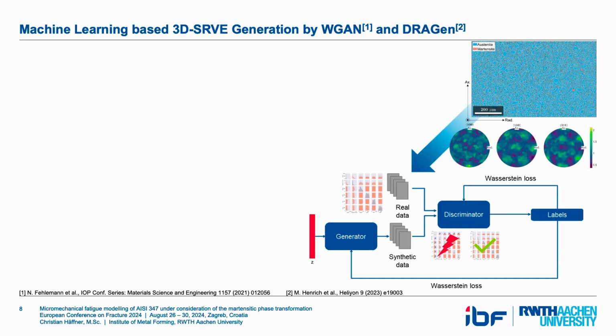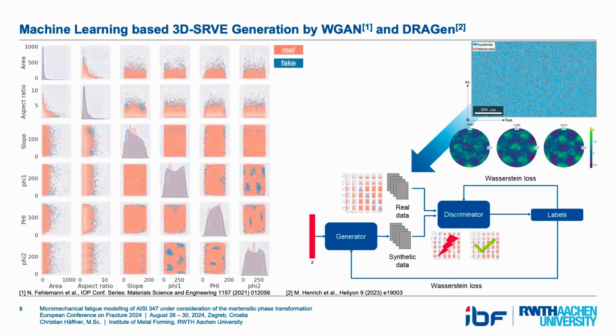Okay, there's fake money and this is real money. However, because the policeman is a little bit shady, let's say, he will give feedback to the criminal and tell him, okay, this is the reason why I know it's fake money. And out of this feedback, the generator or the criminal learns how to create this data, the synthetic data, in a way that the policeman or the discriminator cannot discriminate anymore, which is shown here.